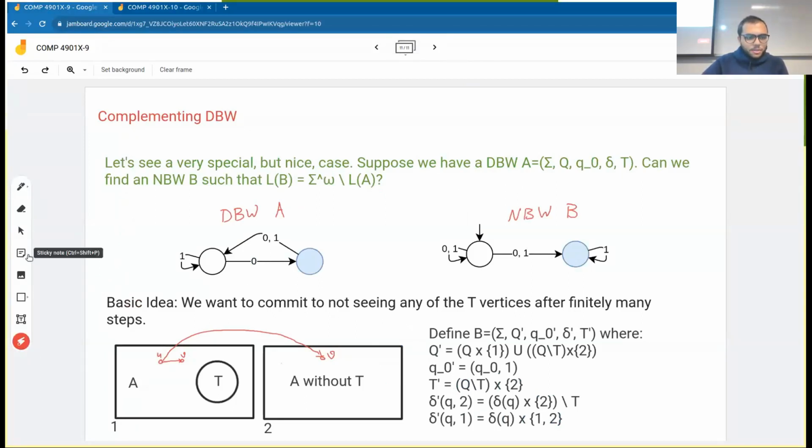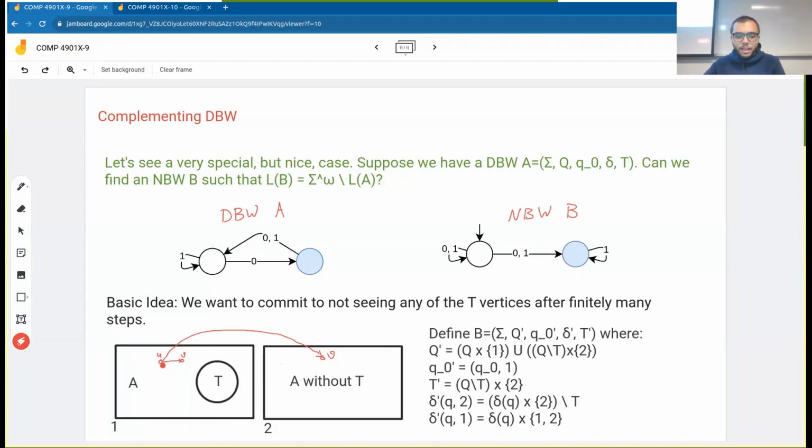The last thing I showed you in the last session was how to take the complement of a DBW to get an NBW. So the fundamental intuition that you have to understand here is why this doesn't work if our original automaton is non-deterministic. If my original automaton A is an NBW, why can't I just apply the same kind of argument where I take two copies of A and delete T, the set of target vertices, in one of them?